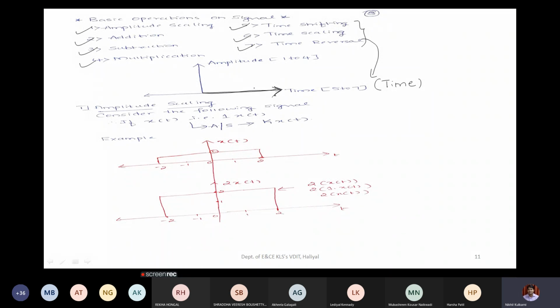Whereas amplitude scaling, addition, subtraction and multiplication are usually carried out with respect to amplitude, meaning the amplitude value will vary here. Here time values are going to vary. Okay. So let us start with the first one, amplitude scaling.